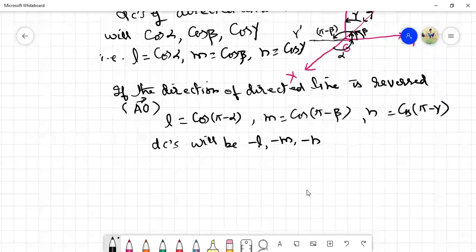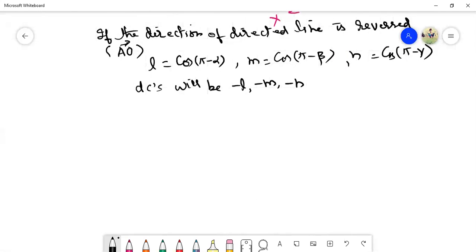Next question. There is a question before that: direction cosines of a line passing through 2 points. We use small d for DC, not the capital one. How will you find the DCs of a line passing through 2 points?